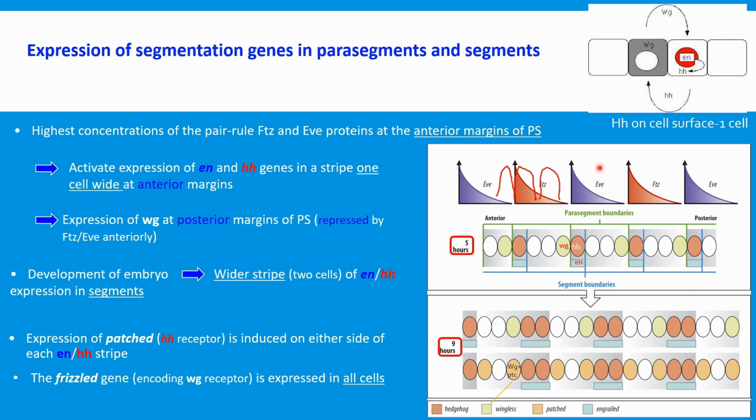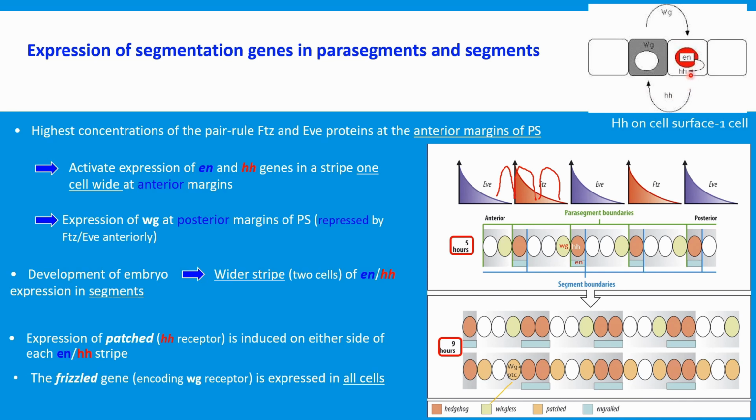Now if we turn to this small inset that I set up here, we described the signaling of hedgehog and wingless and how in fact they can activate each other's transcription factors and how engrailed can activate, for example, hedgehog signaling. So in this cell, the engrailed hedgehog cell, it can produce hedgehog which will activate wingless signaling in the neighboring cell.